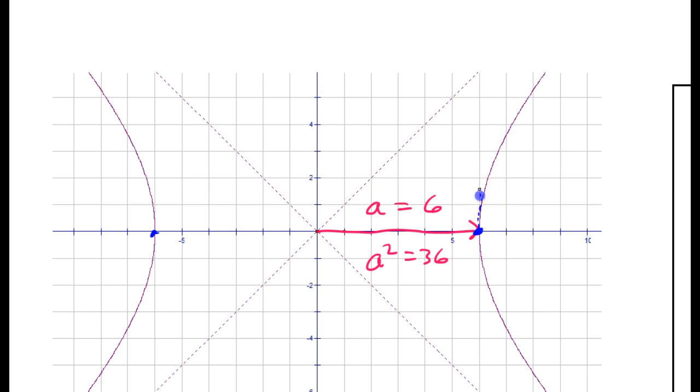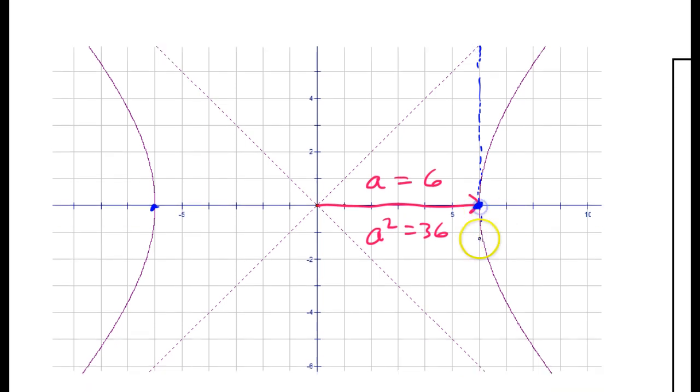The asymptotes go right through the corner of the rectangle. So if I start to draw my rectangle right through these vertices, and I keep drawing them until they reach the asymptotes, bam, they hit the asymptote here and here. If I do the same thing on the left side, it's going to hit the asymptotes here and here.